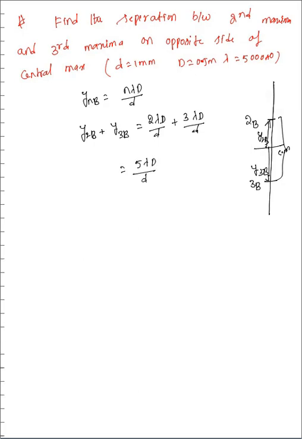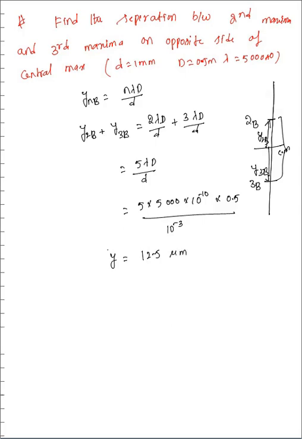Substituting: lambda is 5000 into 10 raised to minus 10, into capital D, 5 into 0.5 meters, divided by small d, which is 1 millimeter, 10 raised to minus 3. If we solve all this, the answer comes out to be 12.5 micrometers.